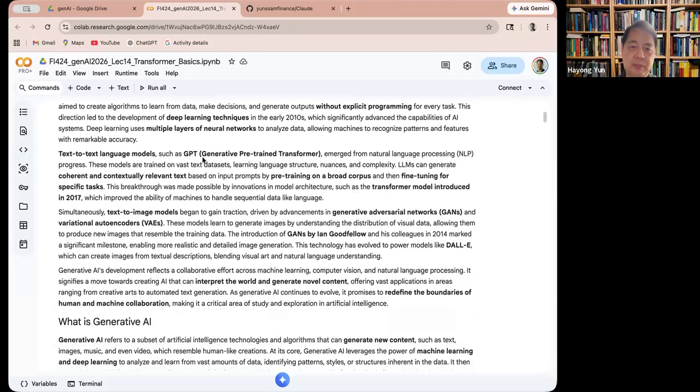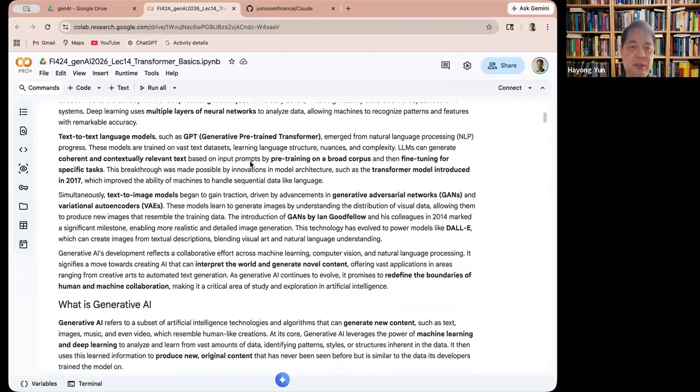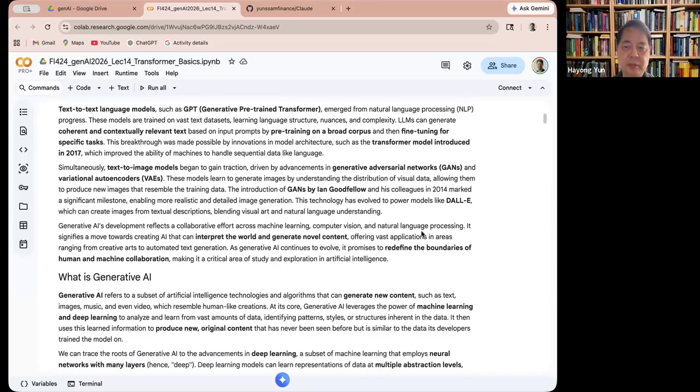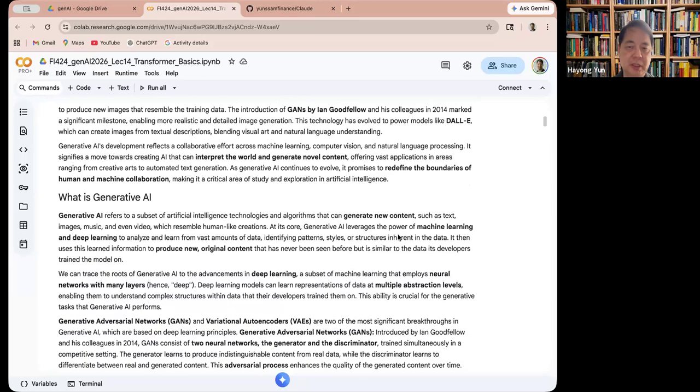Eventually it became the GPTs, and the transformer model was very pivotal in this development, which is what we'll talk about here. But there are also other techniques like generative adversarial networks by Ian Goodfellow, and DALL-E and stable diffusion, and many things. It basically is a subset of AI technology that generates new content.